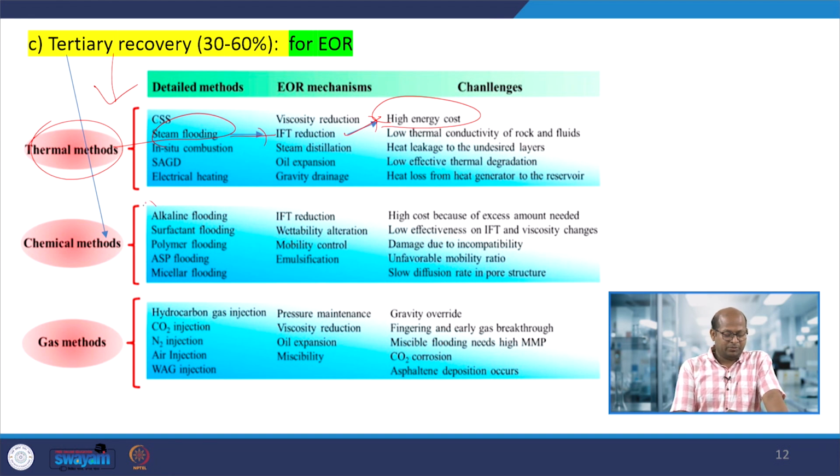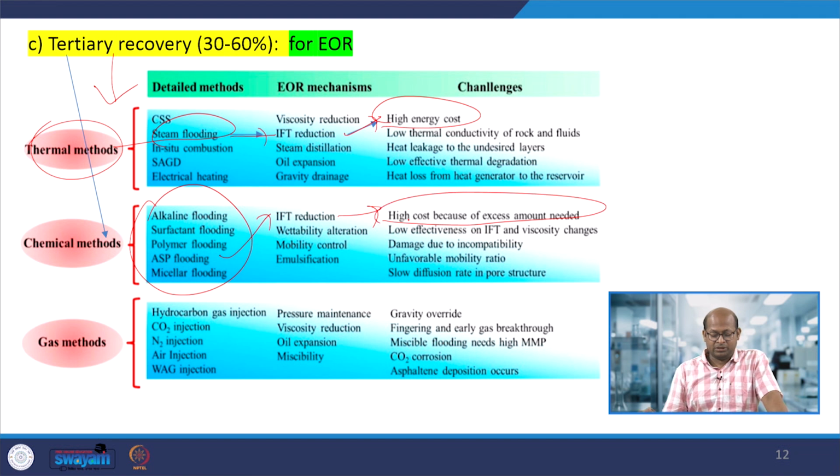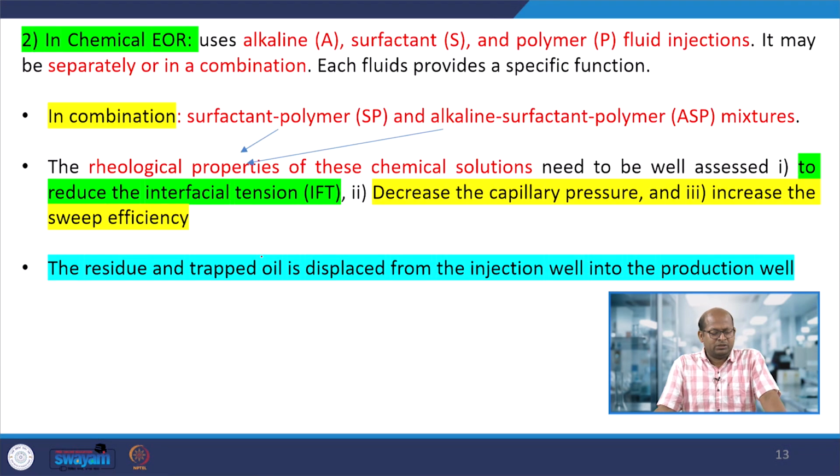And in chemical methods we can use different types of alkali, surfactants and polymers, or alkali-surfactant-polymer combinations, to reduce the interfacial tension. However, this is also a cost-effective process, and if we use nanoparticles, the enhanced recovery capacity will gradually increase.